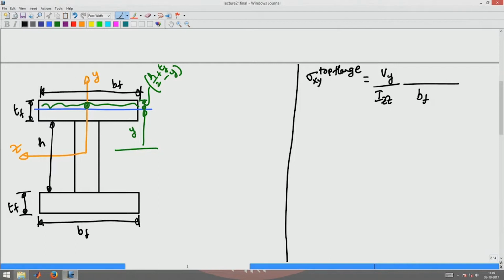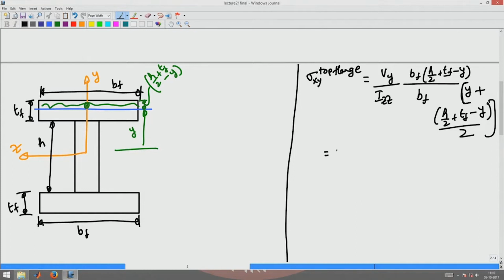The shaded portion's area is Bf into h by 2 plus Tf minus y, into the centroid, which would be y plus h by 2 plus Tf minus y by 2, because half of the depth of the rectangular region is the center of the rectangular region.